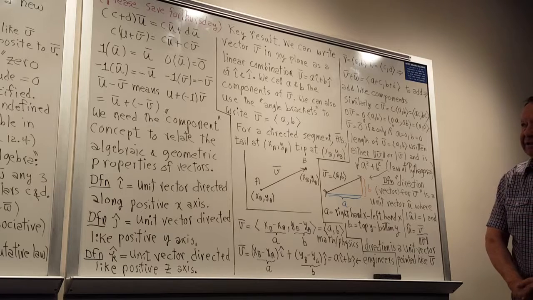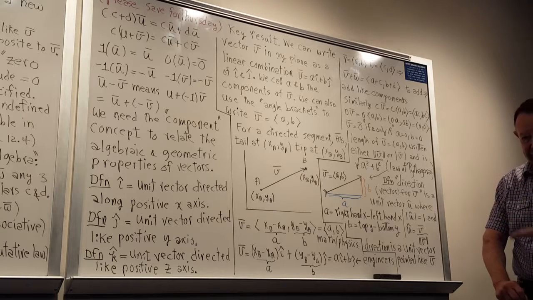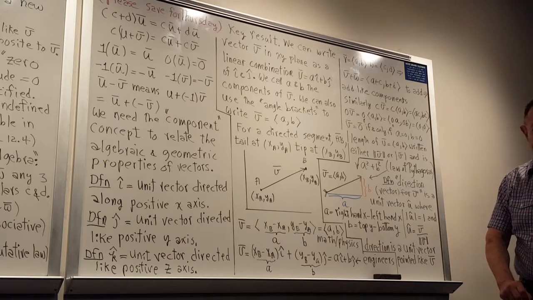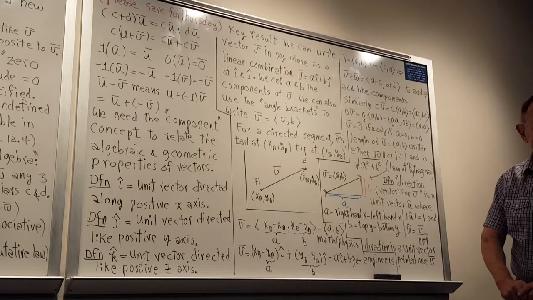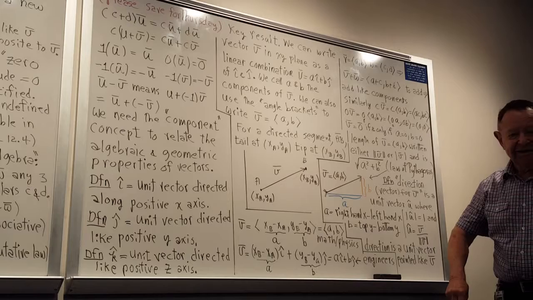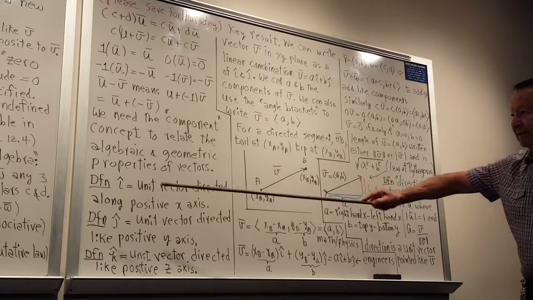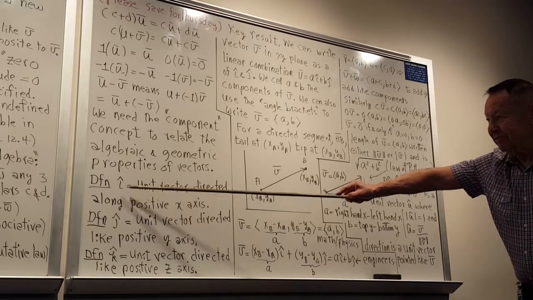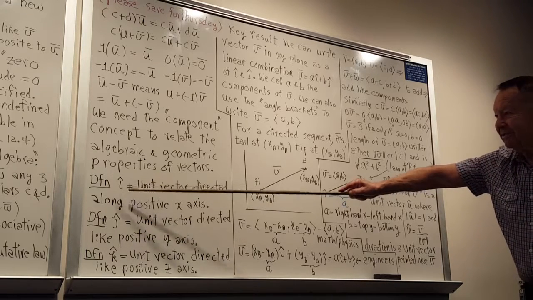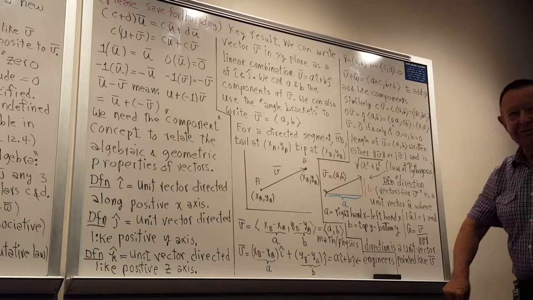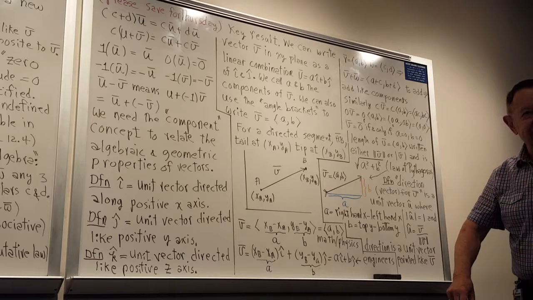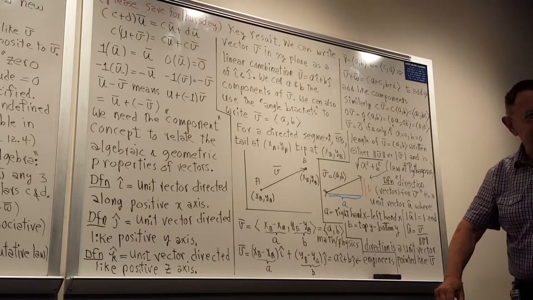The geometric properties are important to form the concept of what you're doing, and the algebraic properties are important for actually working specific problems efficiently and not by drawing pictures. So, as you know from your engineering classes, we introduce the unit vectors I, J, and K if we're in 3 dimensions.